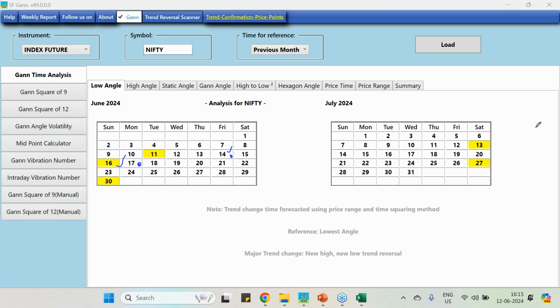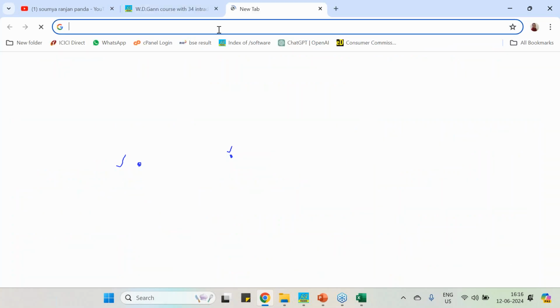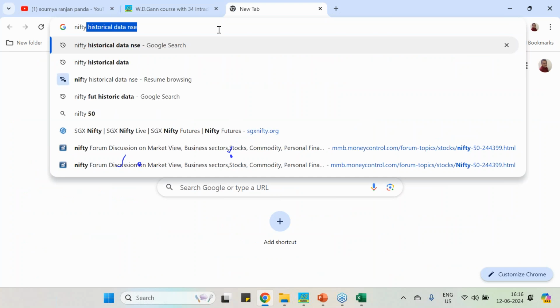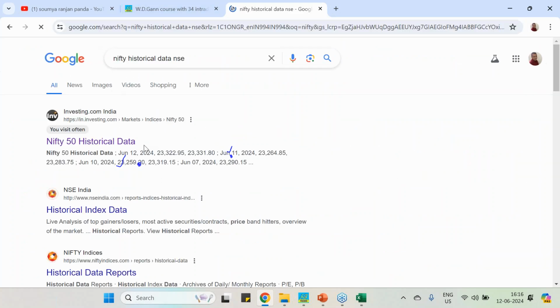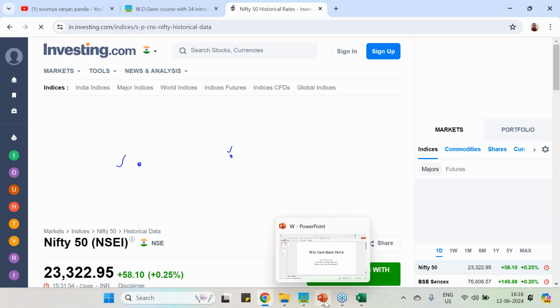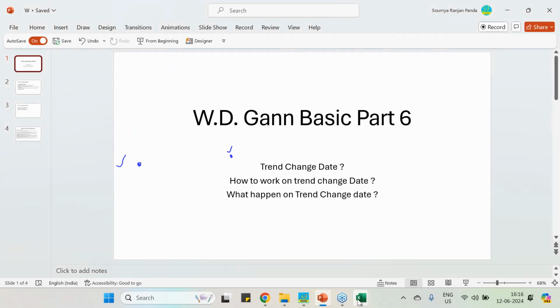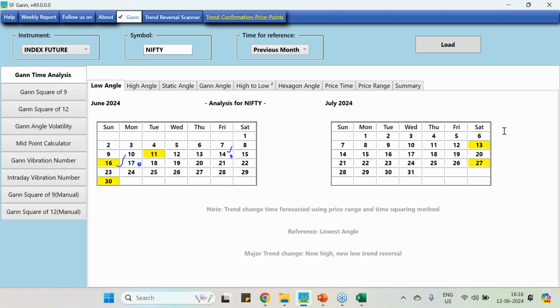So we can have a look at how this trend change date has performed. I'm going to the Nifty historic data. When I talk about the trend change date, what is the meaning of that? Whatever the price action is on 10th of June, the opposite should happen on the 11th. If on 10th of June there is a good positive closing, you can expect a negative opening or negative closing.